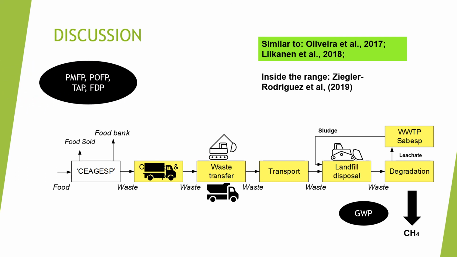About particulate matter, photochemical oxidant, terrestrial acidification, and fossil depletion potential, we have seen that transport plays a key role, as again confirmed by Lincoln. Electricity generation has a small effect due to Brazilian electricity generated by hydropower plants.